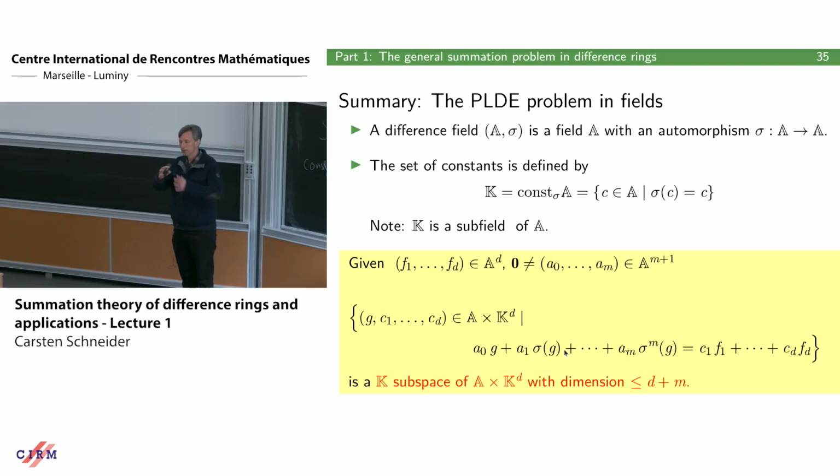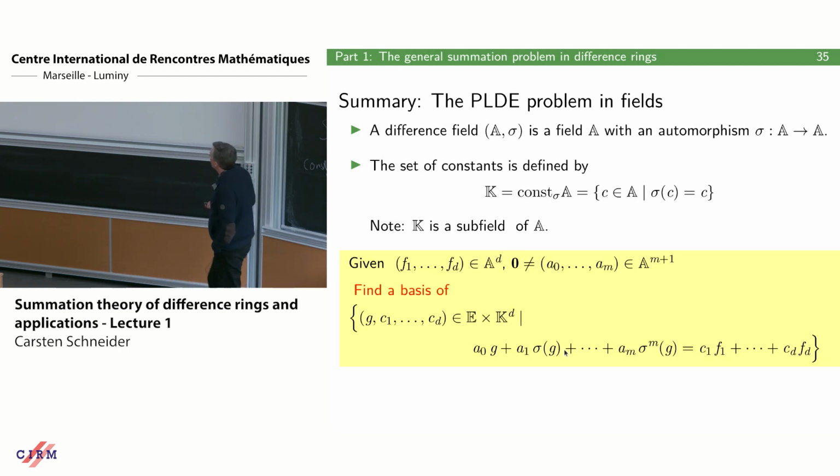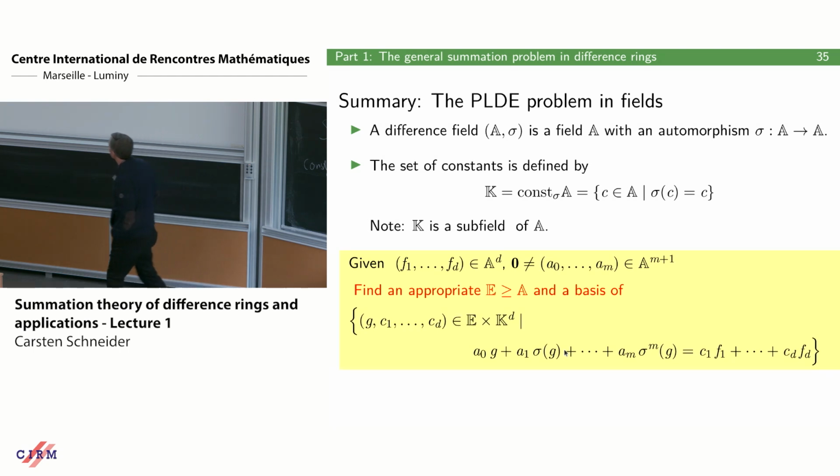A differential equation of order d has at most d solutions over a field. And for a recurrence, it's the same. If a recurrence is of order m, there are at most m solutions, linearly independent, over a field. And the parameters d naturally go in. And I want to find basically a basis of Z. That's the main goal.